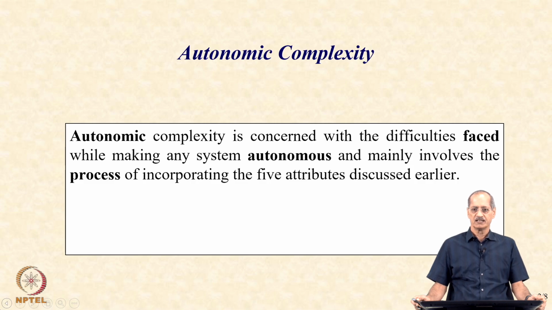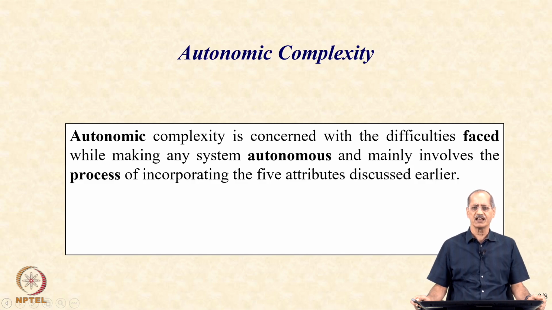At the next level they mainly involve the process of incorporating the 5 attributes of autonomy that we have discussed earlier, that is perception, reflection, planning, goal management and self-correction or self-adaptation. Those are the 5 attributes of autonomy that ultimately will have to be incorporated in any agent in order for it to become autonomous.